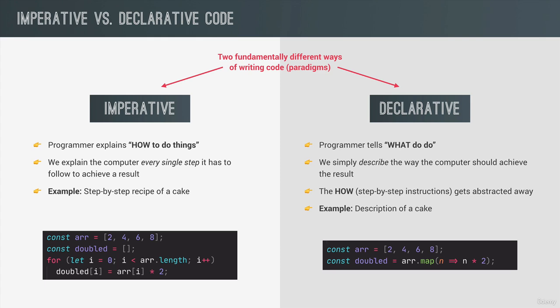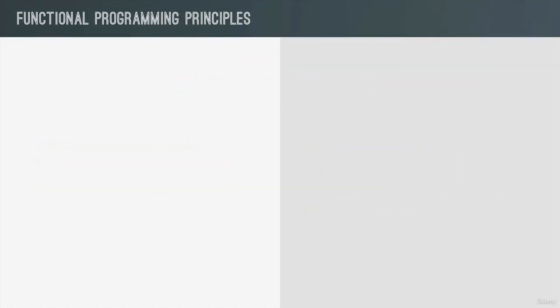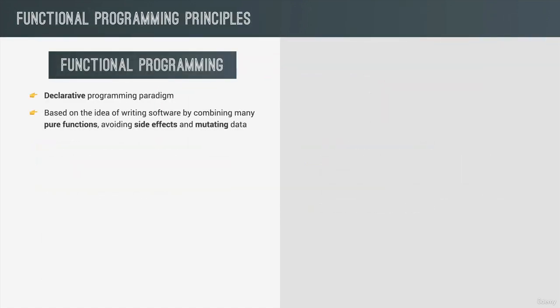So the declarative paradigm is actually a really big and popular programming paradigm, which has even given rise to a sub-paradigm called functional programming. And functional programming is basically a declarative paradigm which is based on the idea of writing software simply by combining multiple so-called pure functions while avoiding side effects and mutating data.